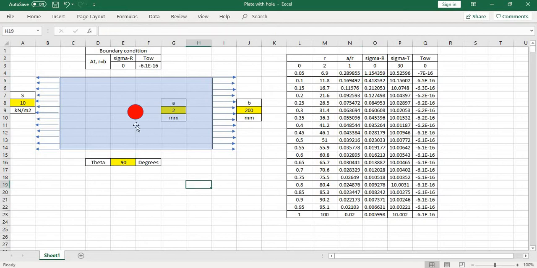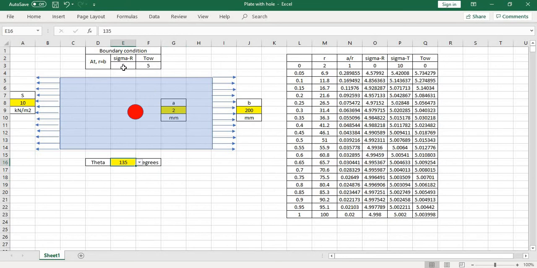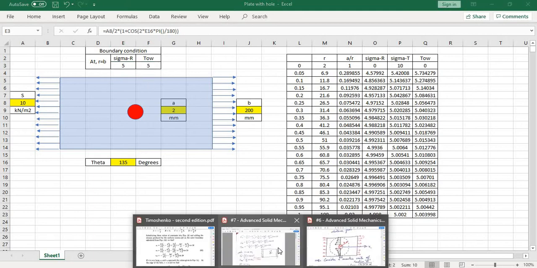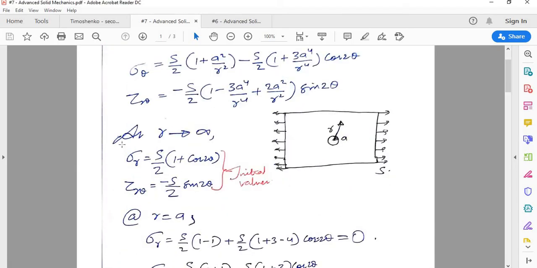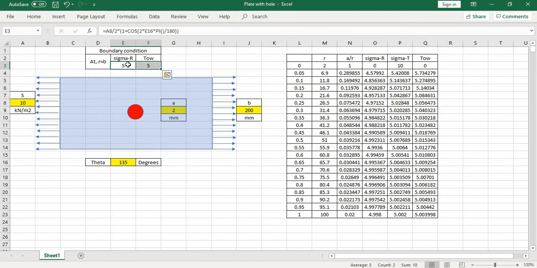First of all, the solution varies with theta location as well, right? So the first thing you can verify is the boundary condition. So as r increases, sigma r and tau r theta should converge to this. That is what we are seeing. Here this is sigma r, this is tau r theta.